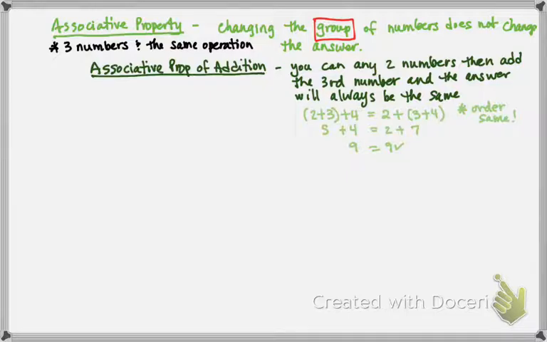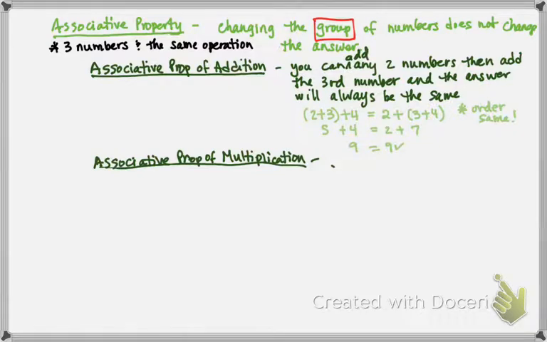Okay? Let's talk about the associative property of multiplication. Again, I'm going to abbreviate prop. Okay, and it says, you know what? I just looked back there. It says you can add any two numbers, then add the third number, and the answer will always be the same.